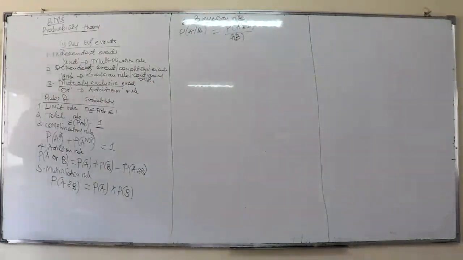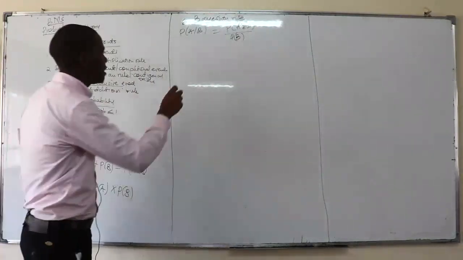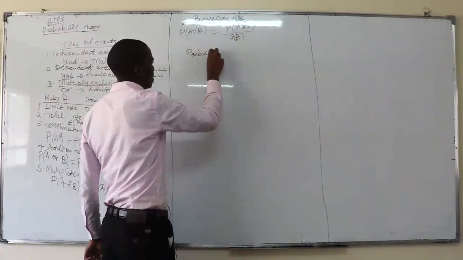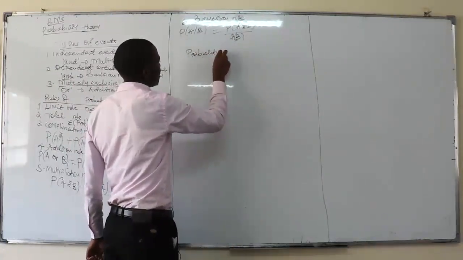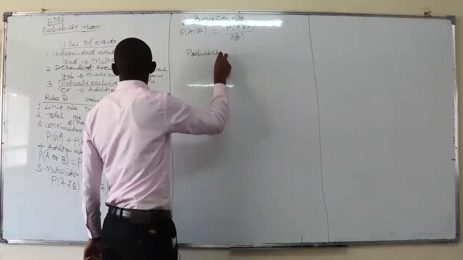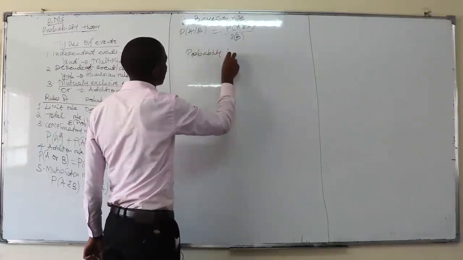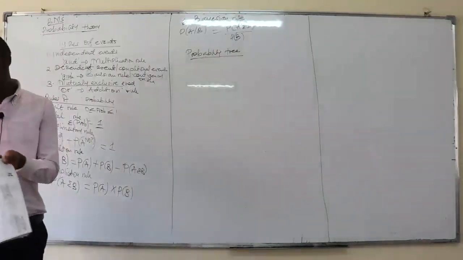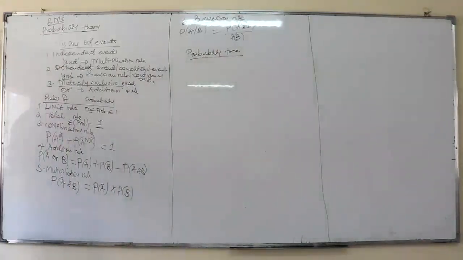Now, we also have what we call probability trees. A probability tree is just a diagrammatic representation of an experiment and its events.